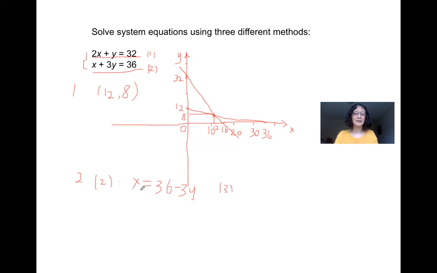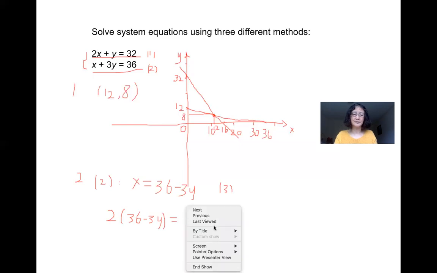Now substitute, plug equation 3 into equation 1. Equation 1 has 2x, and where it says x, you use 36 minus 3y. This is 2x plus y.